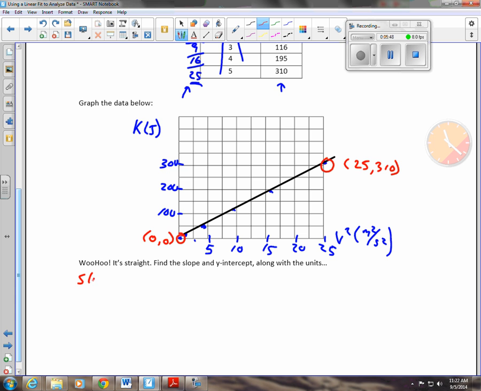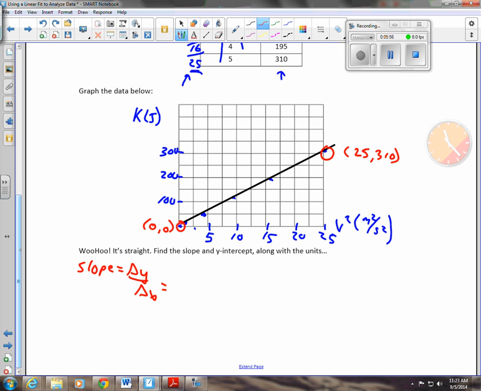Now, slope is change in y over change in x. Remember, I want to always write down the equation that I'm using. And then I'm going to plug in. So my y is 310 minus 0. And remember, that was in joules. And my x's are 25 minus 0.